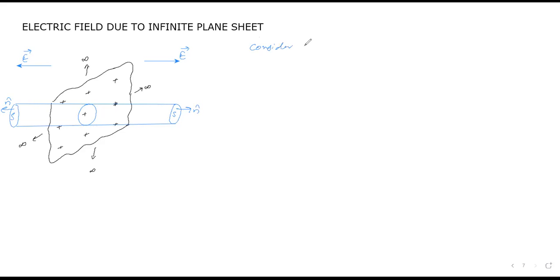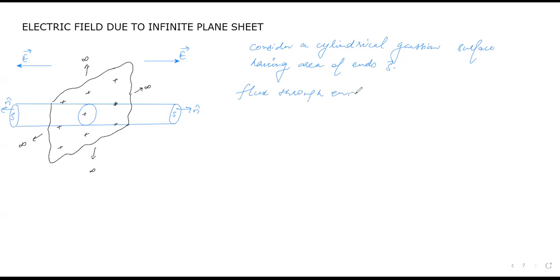Consider a cylindrical Gaussian surface having area of ends S. Then what will be the flux through end 1?